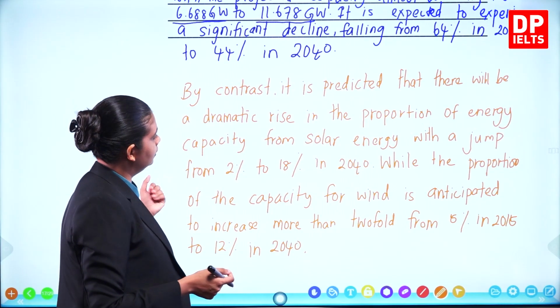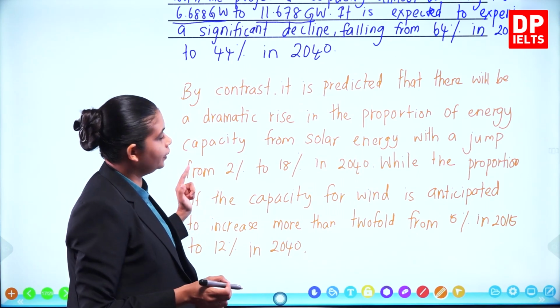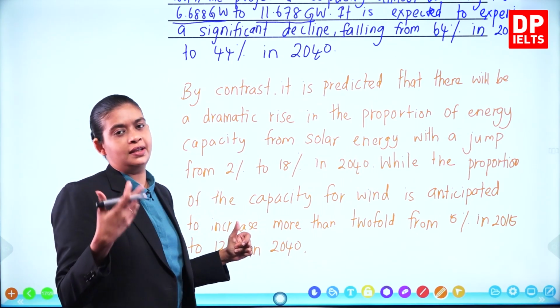So here I have jotted down our next main feature that we identified, right?